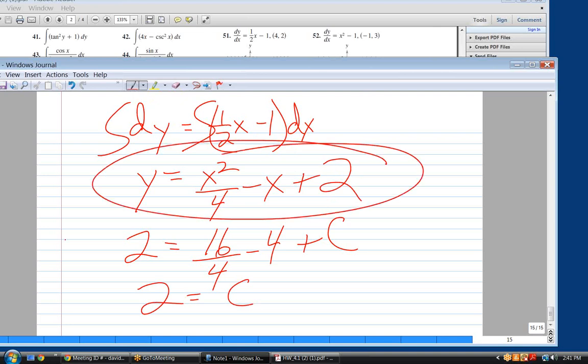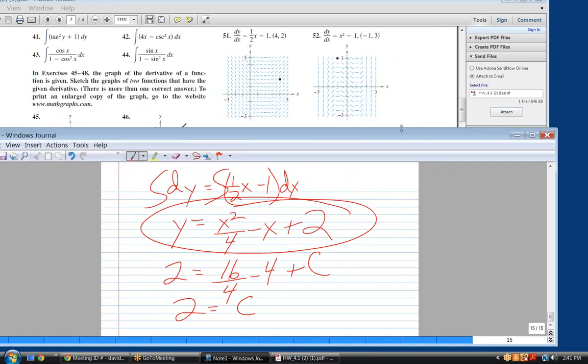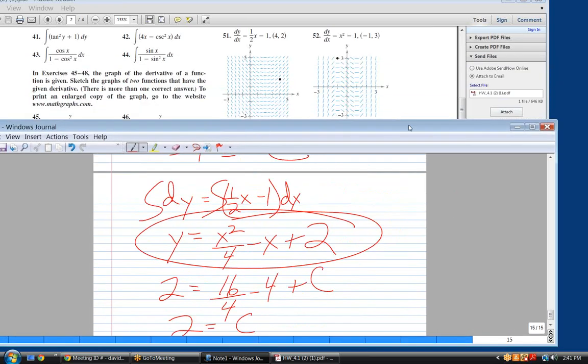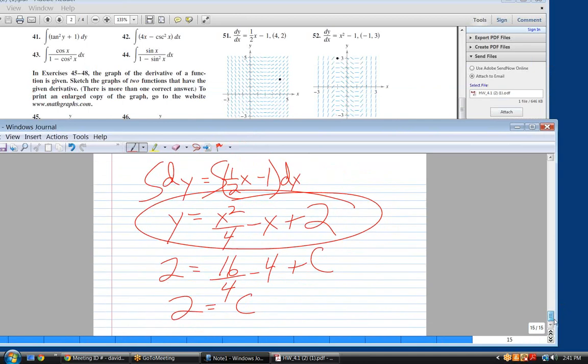So there is the specific slope field, and then let's just take a look. Notice that the curve that we just plotted, y equals x squared over 4 minus x plus 2, is that curve.